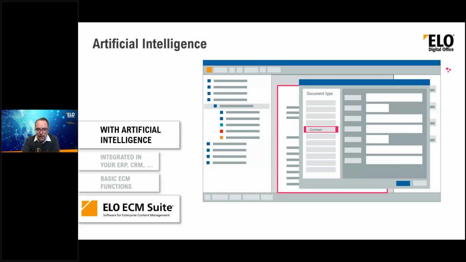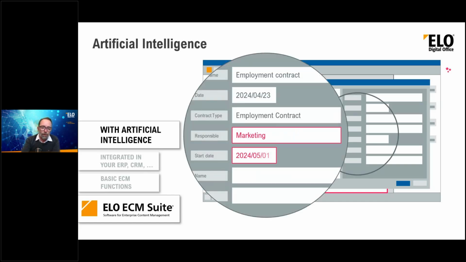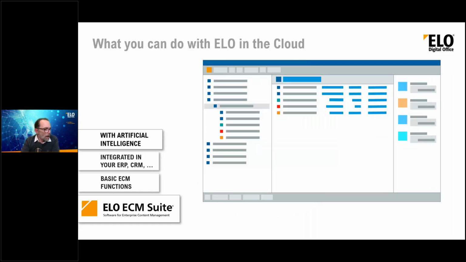In this case, let's say it's a contract, and then fill out the metadata information automatically when we found something for it. Or you can use it for other documents as well, when we have some data where we can compare to. So this is what you can add to your ELO in the cloud as well, artificial intelligence. That's what you can do right now.